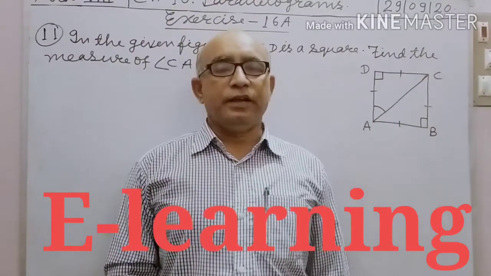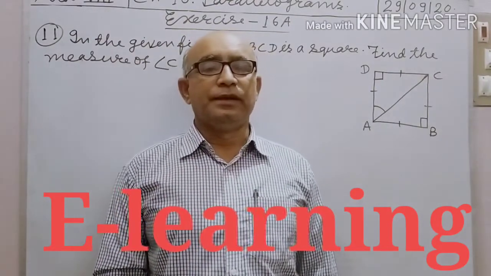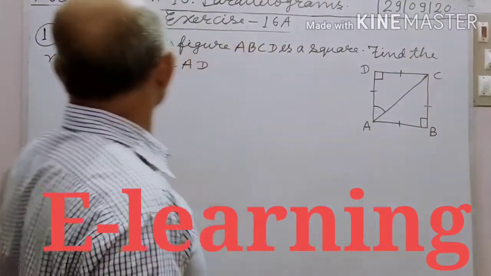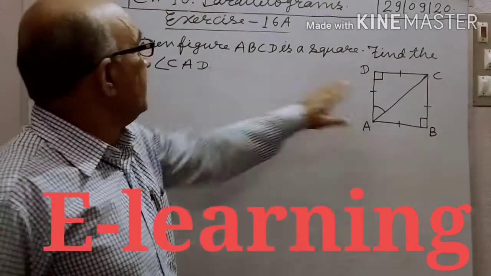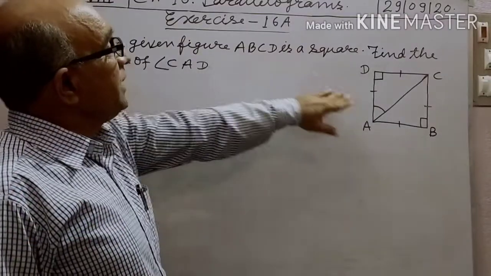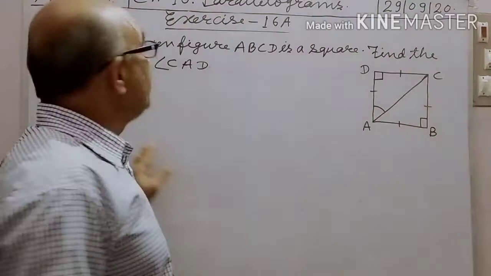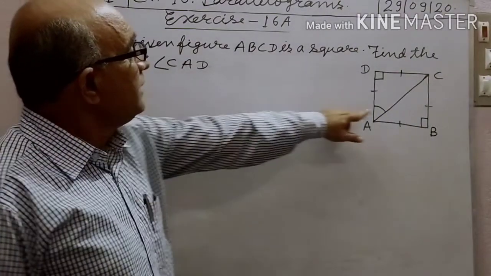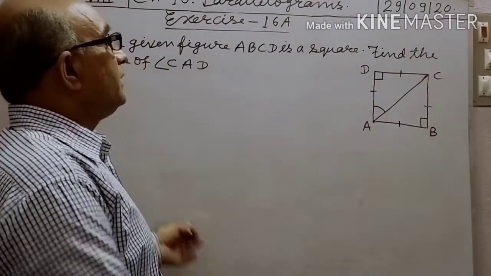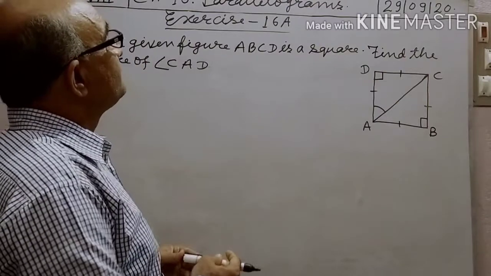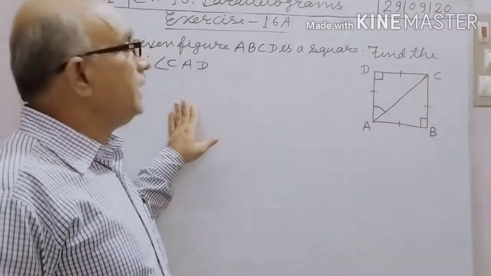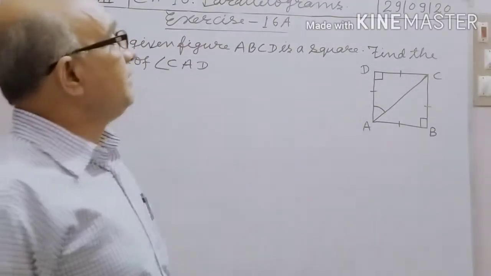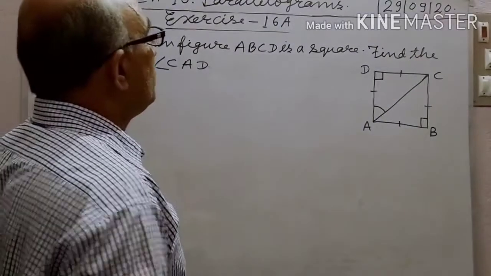Students, next question is question number 11. In this question, in the given figure, ABCD is a square. Find the measure of angle CAD. In the square, all sides are equal and each angle is a right angle.